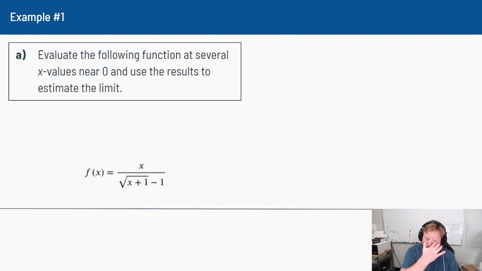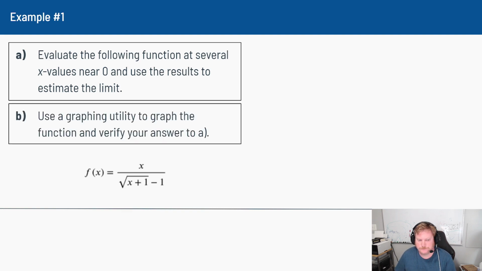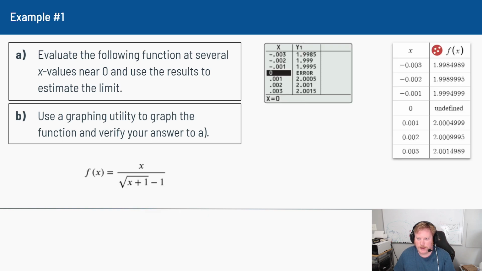So as an example, let's first evaluate the following function at several x values near 0 and use the result to estimate the limit. Then we'll use a graphing utility to graph the function and verify our answers to A. So using a graphing utility, we can see that as we get really close to 0, at 0 there is an error, but it does seem to be approaching a value of 2.